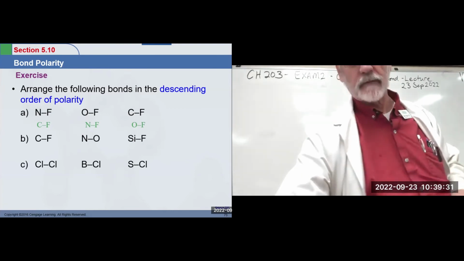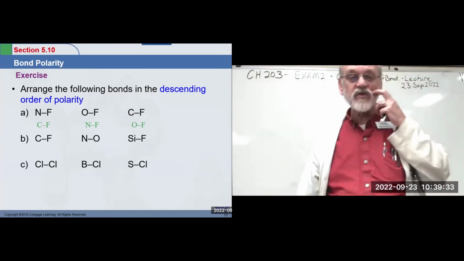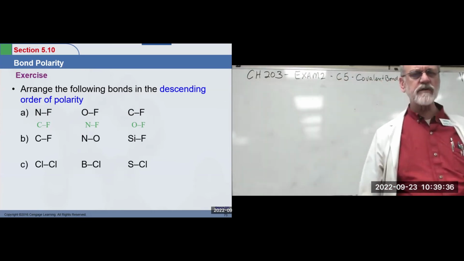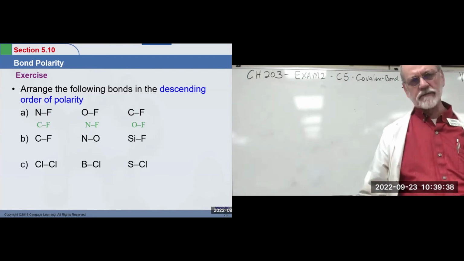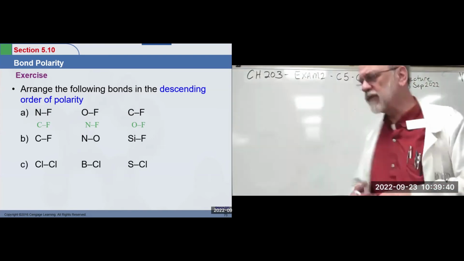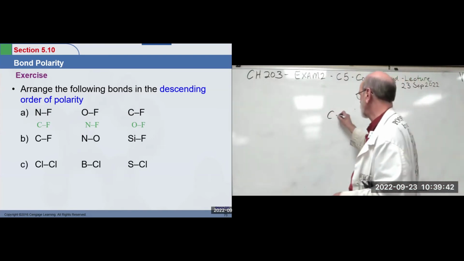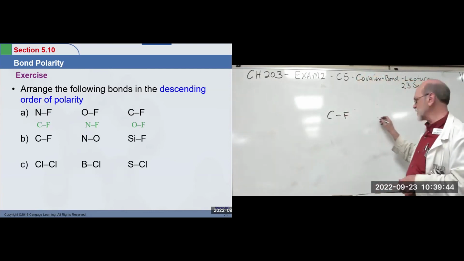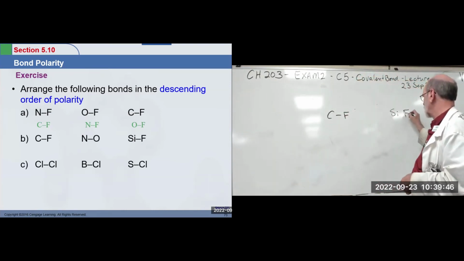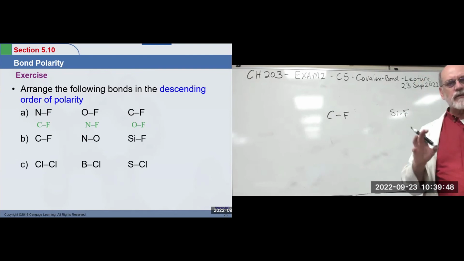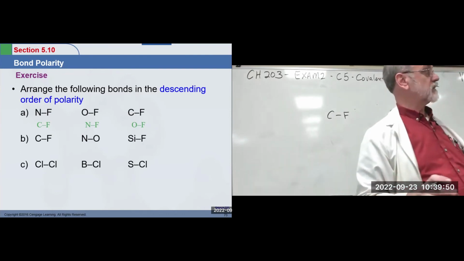Okay. The next one is a little trickier because you got a mix. So carbon and fluorine and silicon and fluorine, we can decide which one of those is more polar than the other one.